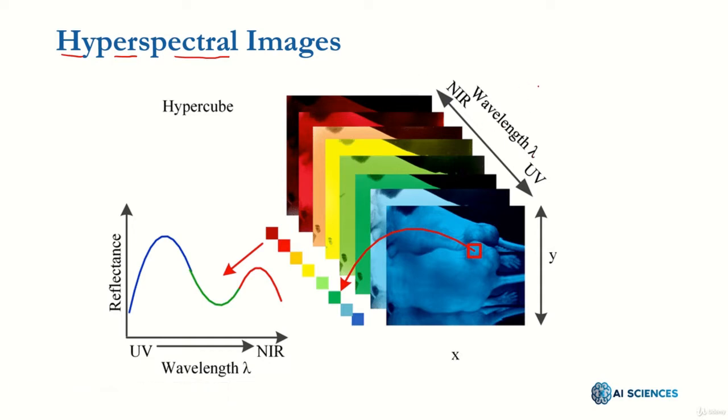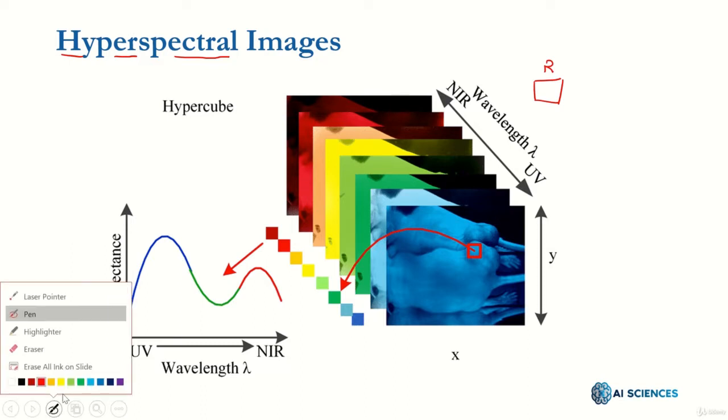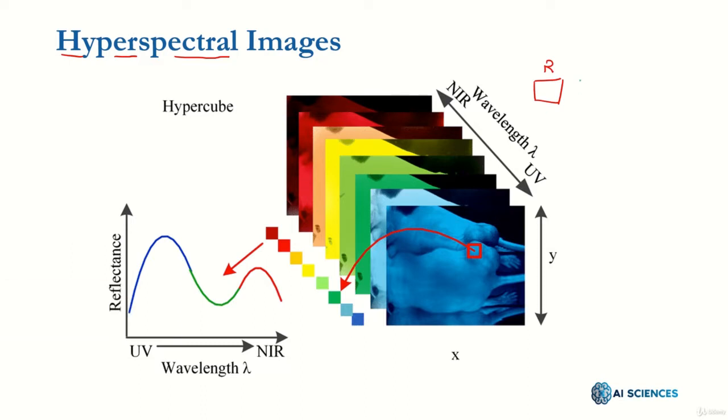So R is a particular range. The red channel belongs to a particular range of the wavelength. Similarly, green belongs to a particular range of the wavelength, and blue also corresponds to a particular range of that wavelength.